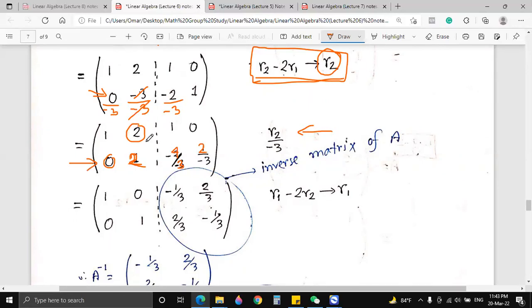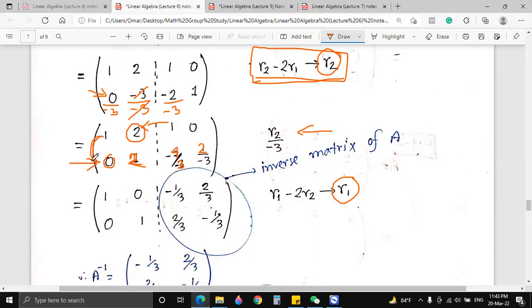And then I subtract the second row from the first row. I also put the value to the first row because I need this value as 0, right?